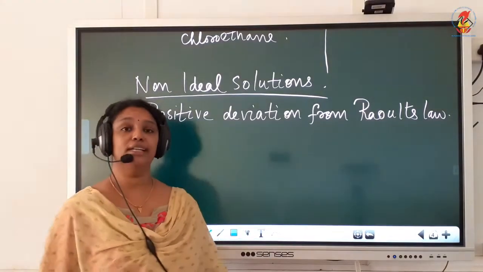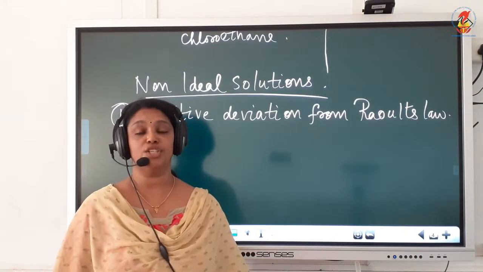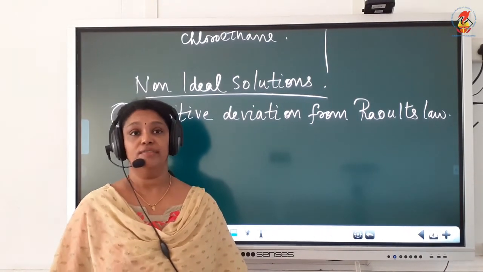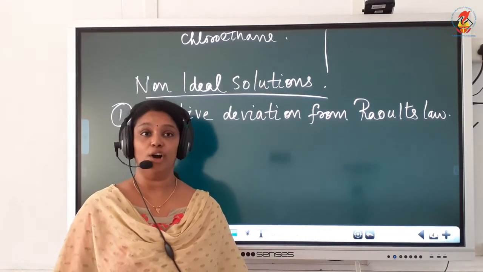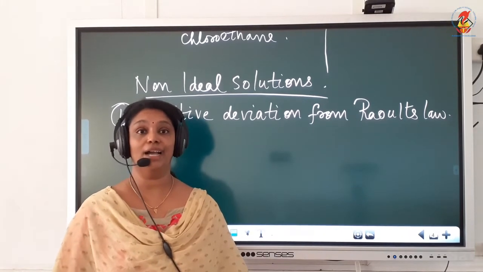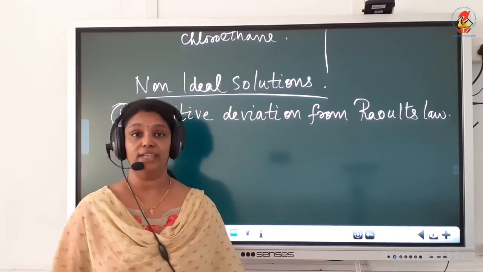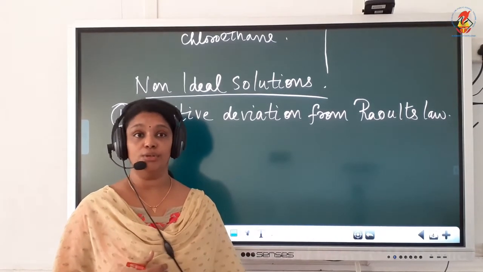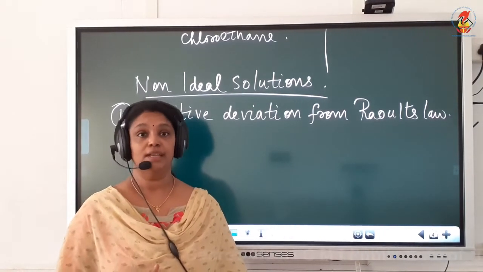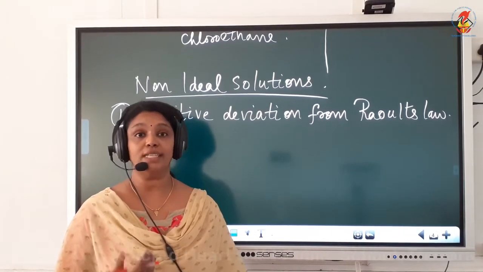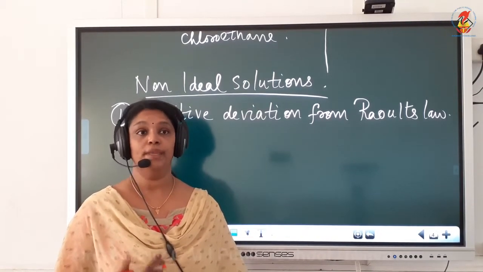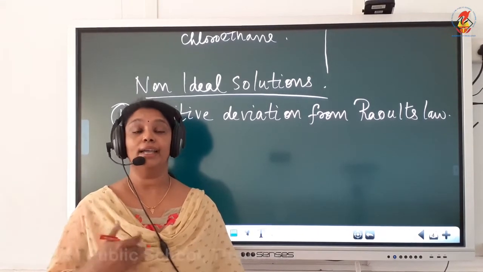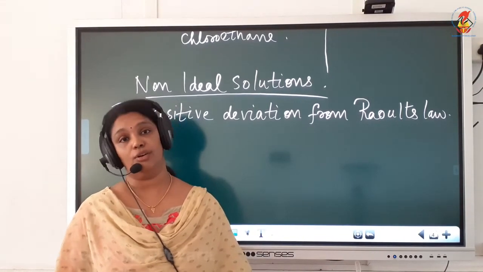Now, I told you non-ideal solution means solutions which do not obey Raoult's law over the entire range of concentration, which means the vapor pressure of such a solution will be either higher or lower than that expected by Raoult's law. Now, non-ideal solutions are divided into two types. Solutions which show positive deviation from Raoult's law: in this case, the vapor pressure of the solution will be higher than that expected from Raoult's law.